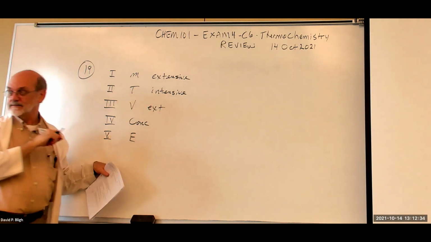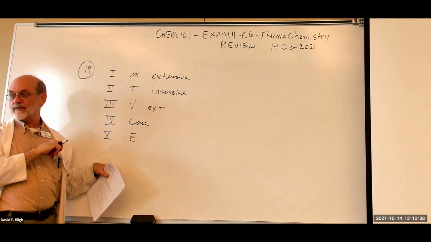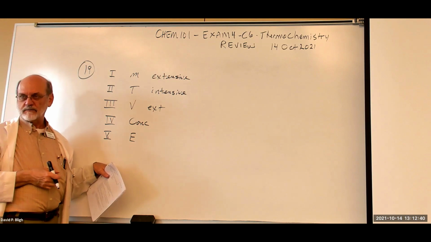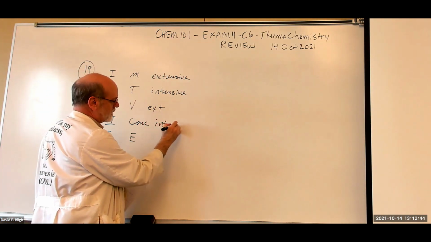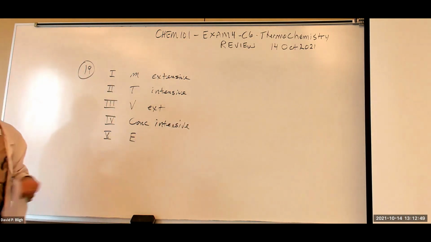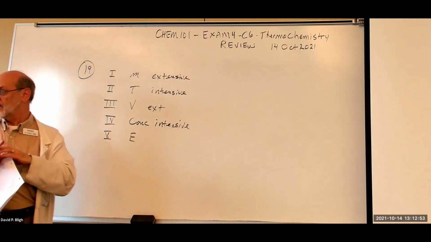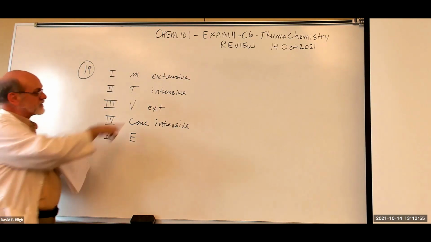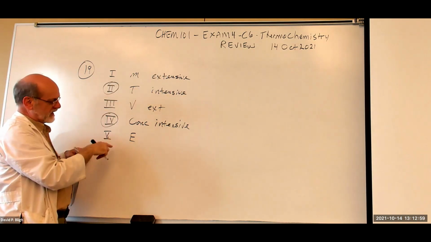Concentration, that's intensive, right? Once you know the concentration, it doesn't matter how much of the mixture you have. This value is constant no matter how much of the substance you have, as long as you've established the concentration value. So these two, 2 and 4, are intensive.